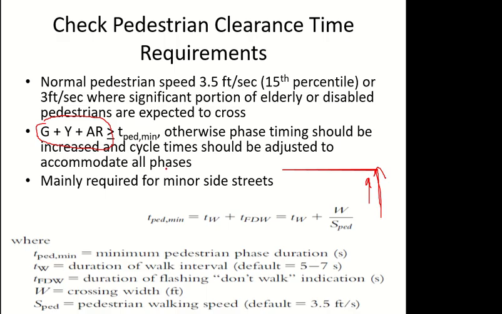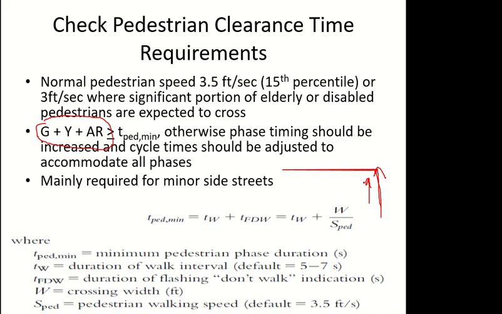So how do I get the minimum time for the pedestrians? We have walking time and flashing don't walk time. Okay, walking time is the time they need to start crossing the road. It's given between 5 to 7 seconds, and the flashing is calculated using the width of the road.